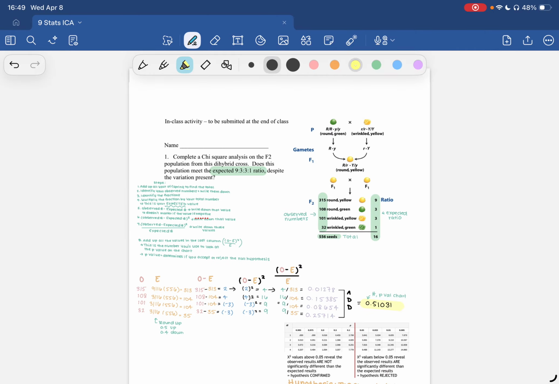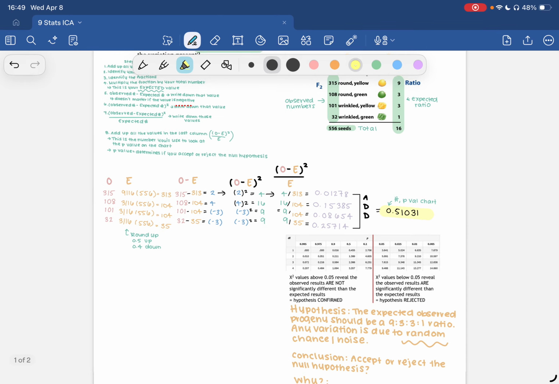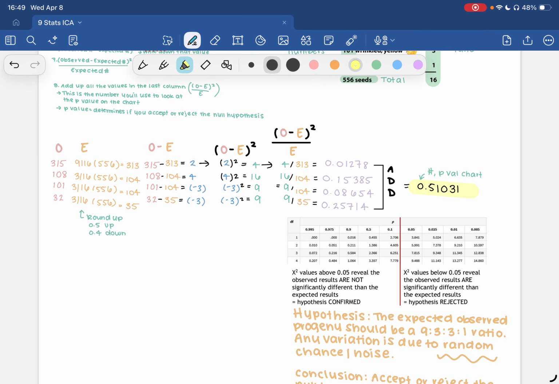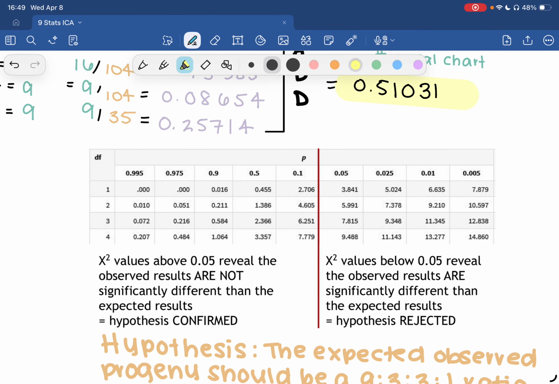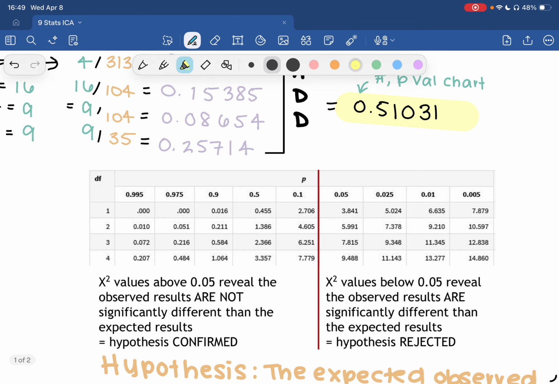Okay, so once you have your number, you're going to go down to this chart, and she will give you this on the exam. Don't worry, you don't have to memorize this. The only thing you do need to memorize is how to read this chart. So we have a bunch of decimals, basically percentages.